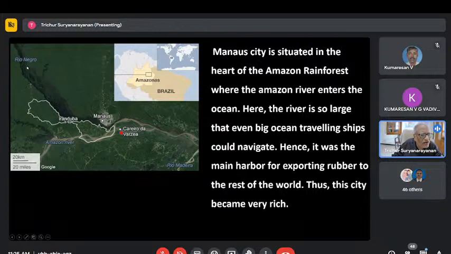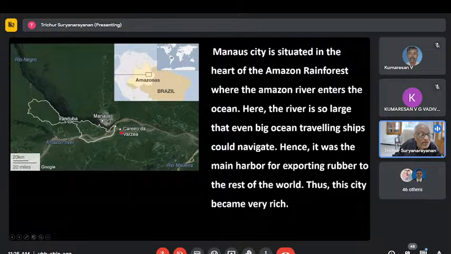This is called River Negro. I'll explain that. And this is River Solimões. This is coming from a different part of South America. This is coming from a different part of South America. They come together and join, these two rivers join in a place called Manaus.